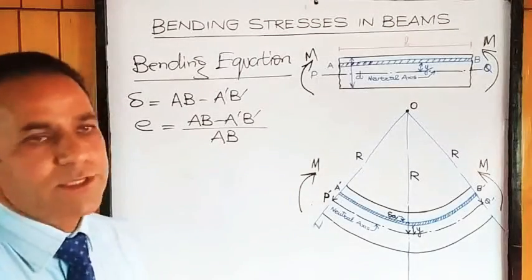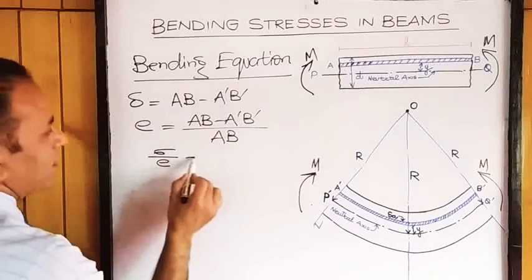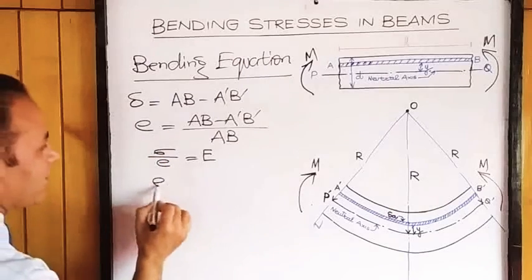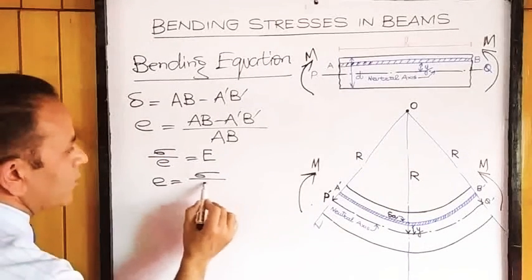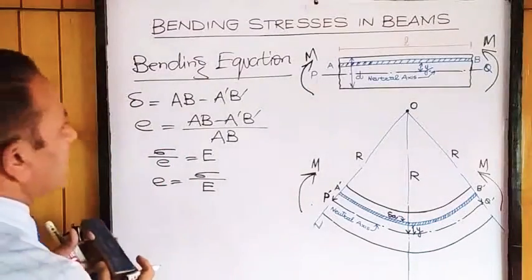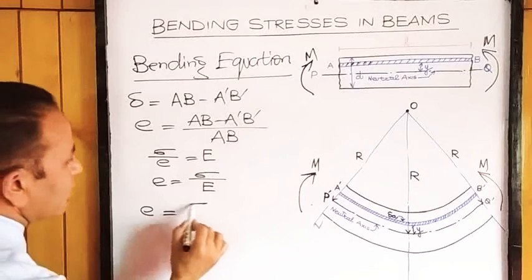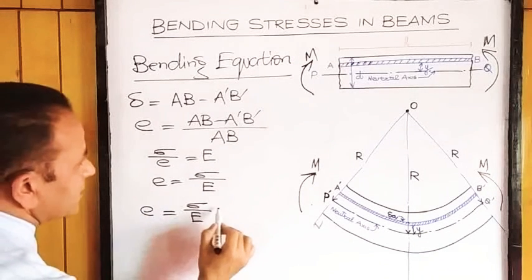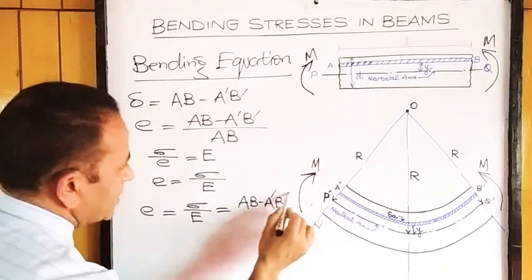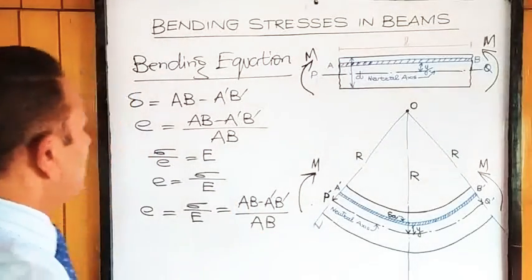Stress by strain is the modulus of elasticity E. So this strain I can write as stress divided by modulus of elasticity E, which is further equal to AB minus A dash B dash, the change in the length, divided by the original length AB.